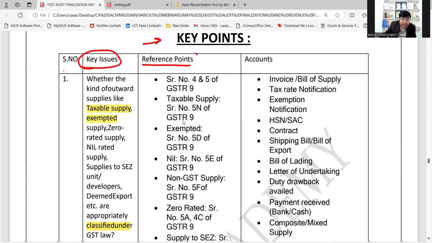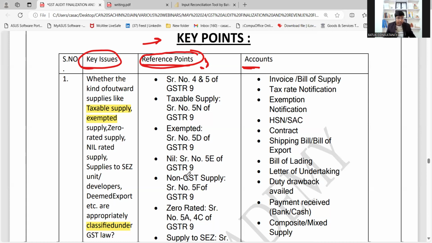So I have pointed out the relevant tables of GSTR 9, GSTR 3B and GSTR 9C, so that you can easily find that particular thing while doing the GST audit. Also, we'll discuss the things you need to check physically from the books of accounts of that particular person.